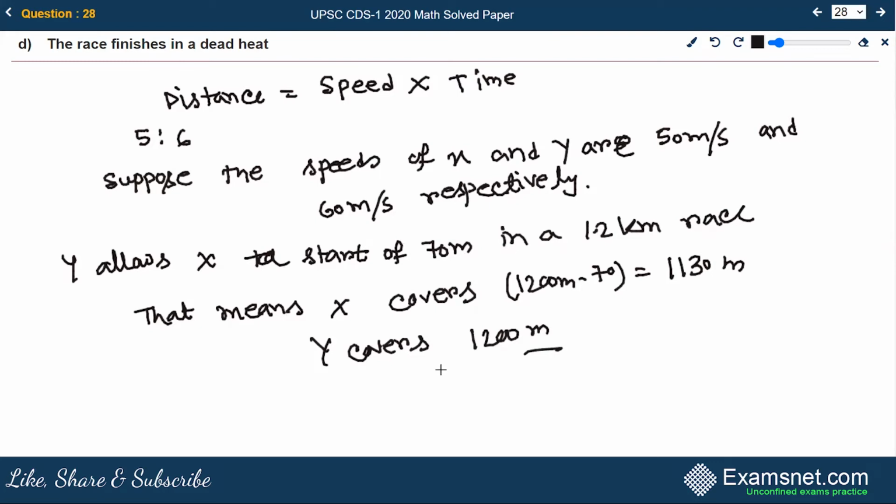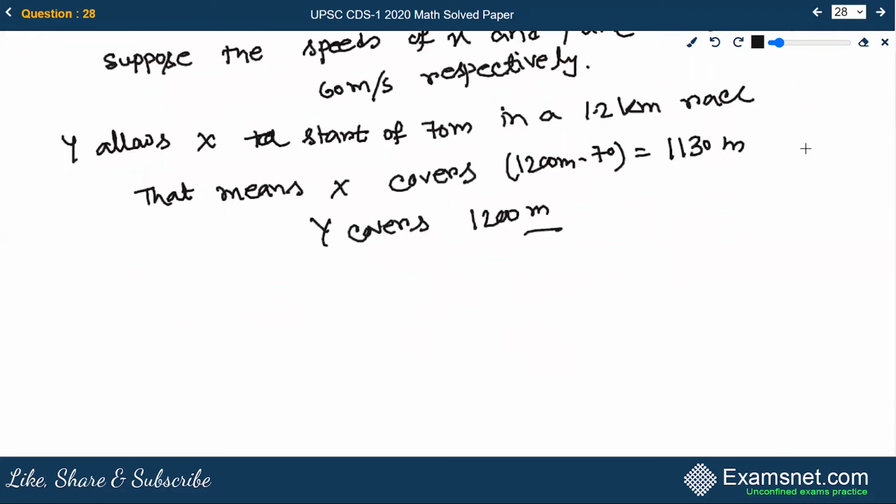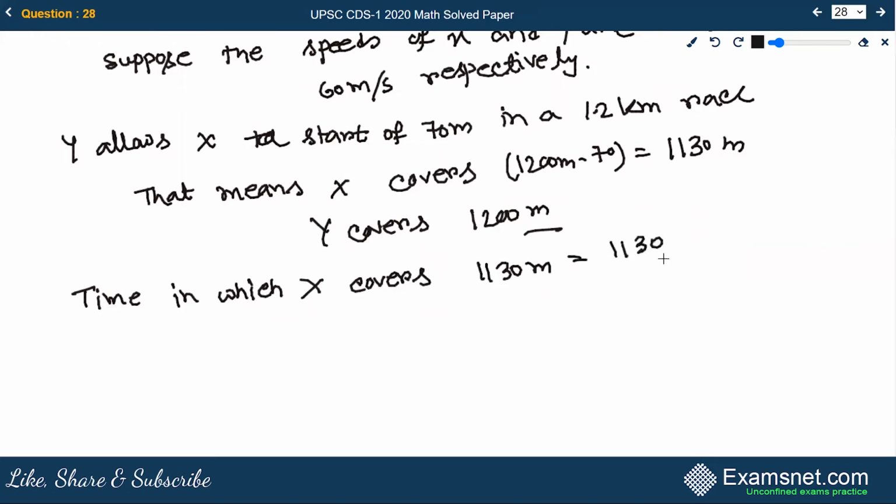So the time in which X covers 1130 meters is 1130 by 50 meters per second, that is the speed. So the time is 22.6 seconds.